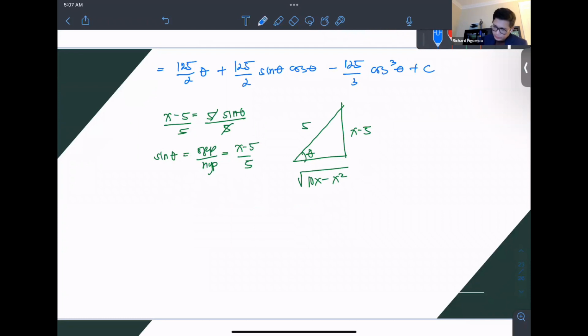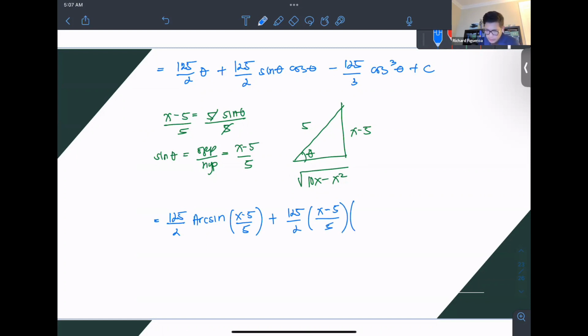Okay. So we can now write our answer. It will be 125 over 2. Our theta will be arc sine of x minus 5 all over 5. And then plus 125 all over 2. Our sine is x minus 5 all over 5.